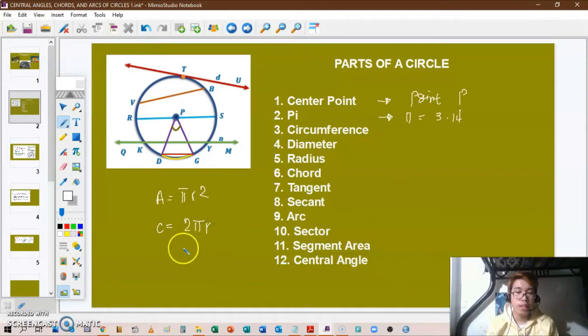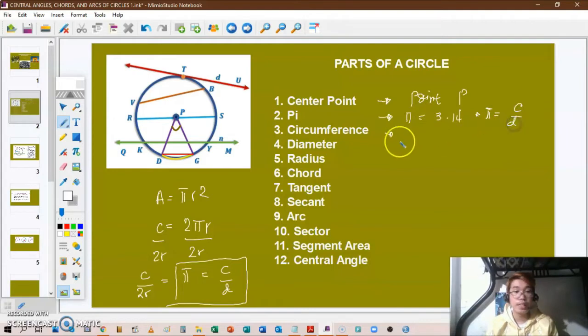That means the value of pi, if we divide this expression by 2r, is equal to C over 2r, or C over d, the diameter. So pi is equal to the total circumference of the circle divided by its diameter.